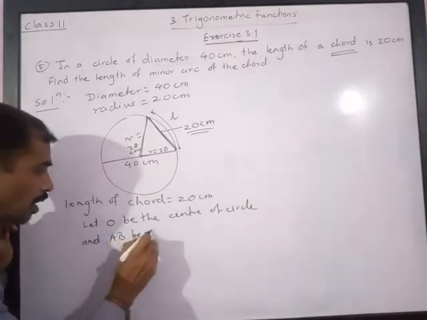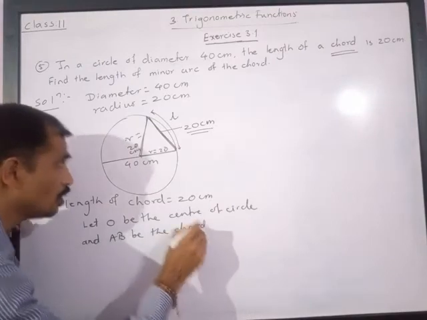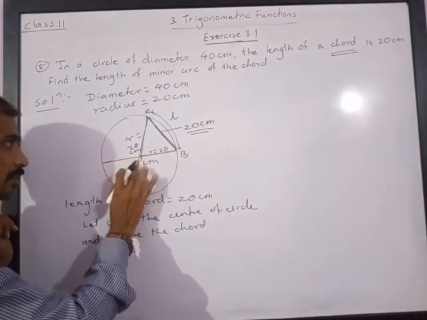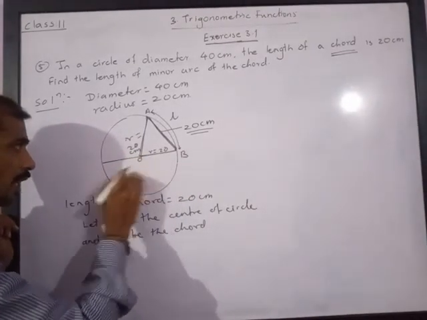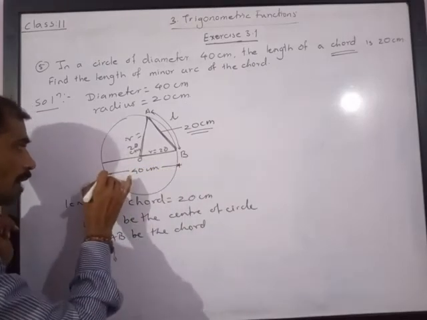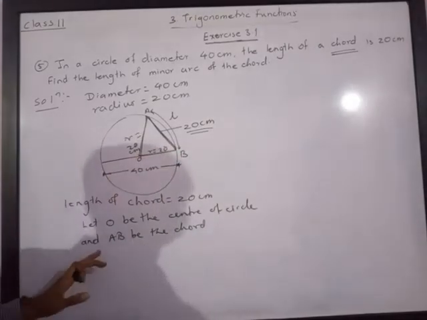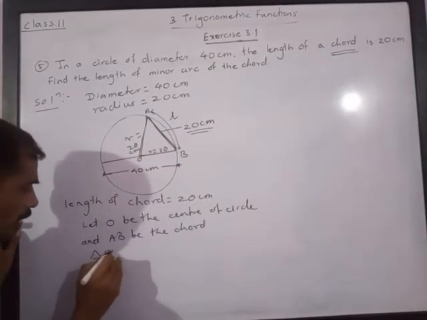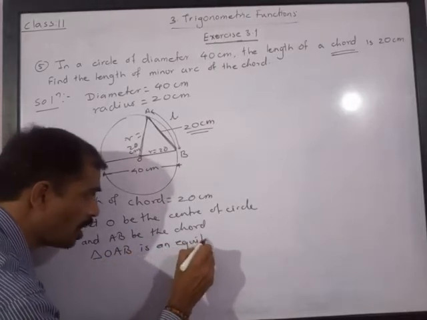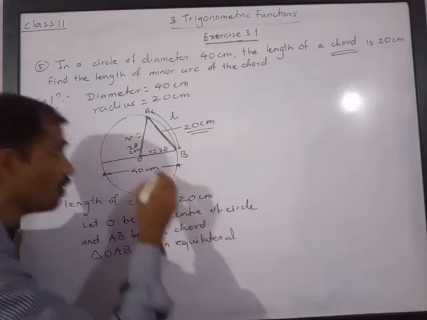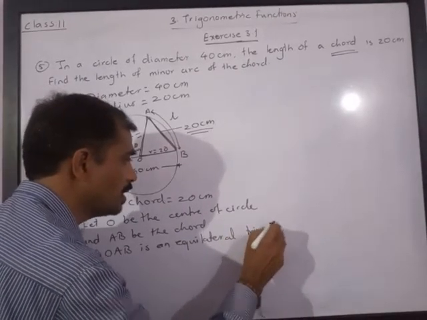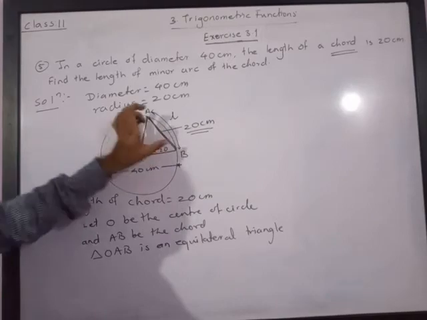Here the diameter is 40 centimeters, the radius is 20 centimeters. So triangle OAB is an equilateral triangle. All sides are the same, 20 centimeters, 20 centimeters, 20 centimeters.